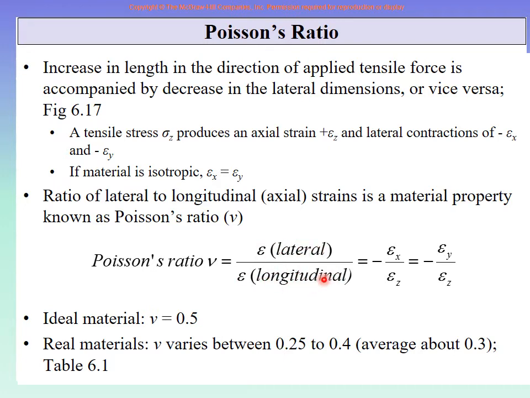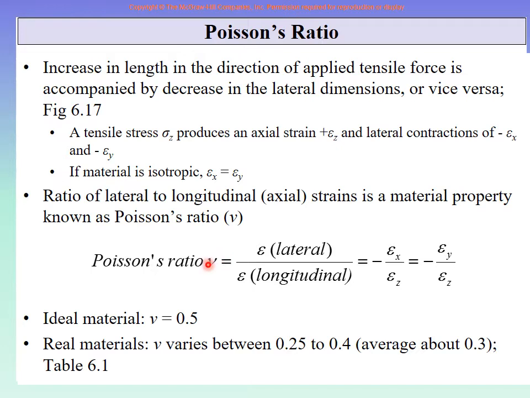Longitudinal or axial is the direction along the length. Lateral means perpendicular to axial or longitudinal. So if longitudinal or axial is Z, then lateral is X, also lateral is Y. So Poisson's ratio is a number called nu, NU.